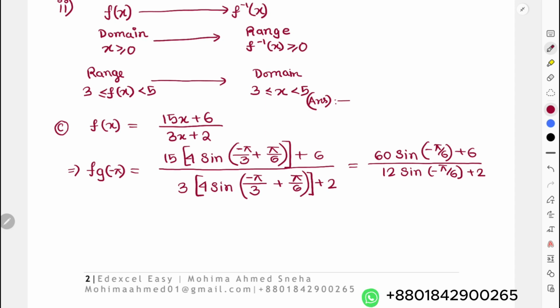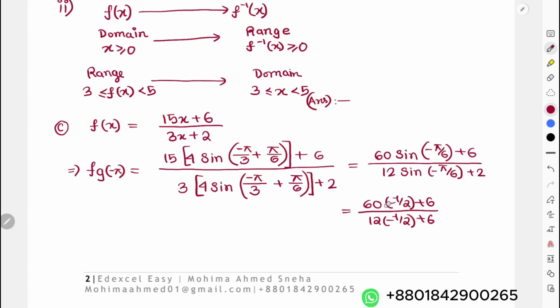And now negative pi by 6, if you calculate that value, how much is that? You get negative half. So now you have 60 times negative half plus 6 over 12 times negative half plus 6.